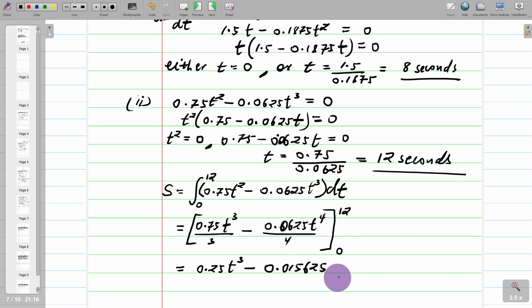You can confirm that value using the calculator. t raised to power 4, and then again the limits of integration are the same, 0 to 12.